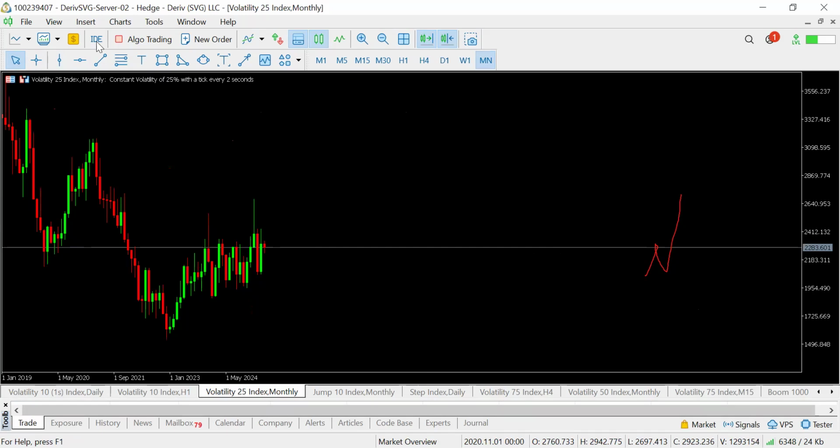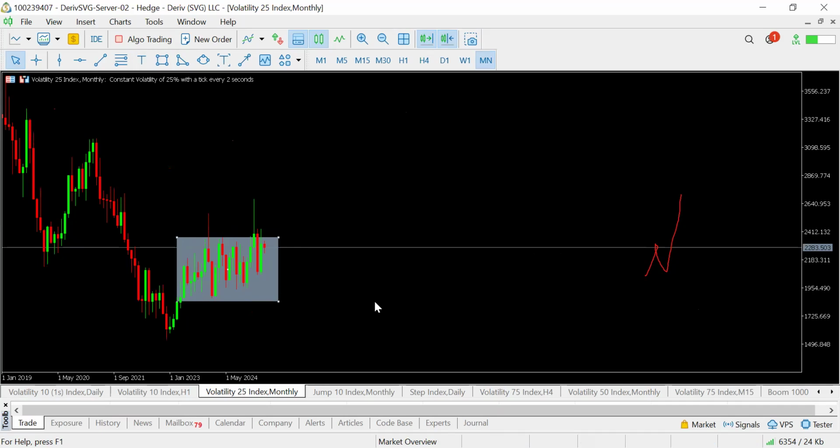Now, what do I mean? We can see that the market made a lower high, lower low, lower high, lower low, then a lower high. Now, the funny thing is the market started ranging for a very long time. What do I mean? Each candlestick here depicts a particular month.